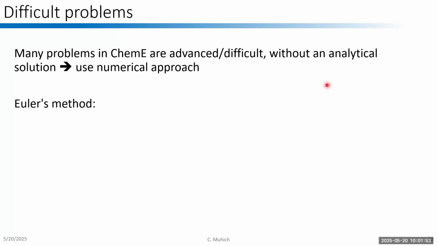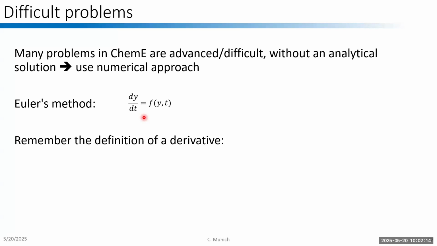And the one that I'm going to talk about today is called Euler's method. Euler's method is going to convert this differential equation into something that we can solve by doing numerical substitutions and solving it piece by piece.